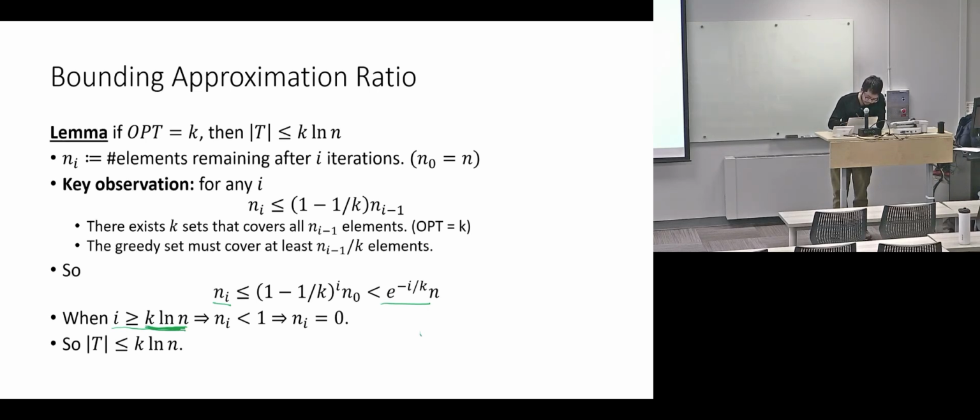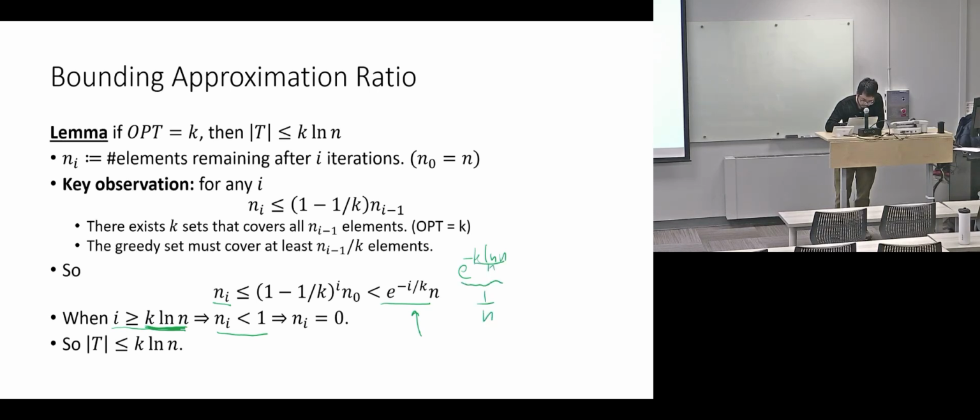Just from this inequality, you know that Ni must be less than 1, because e to the minus k ln n over k here is just 1 over n.